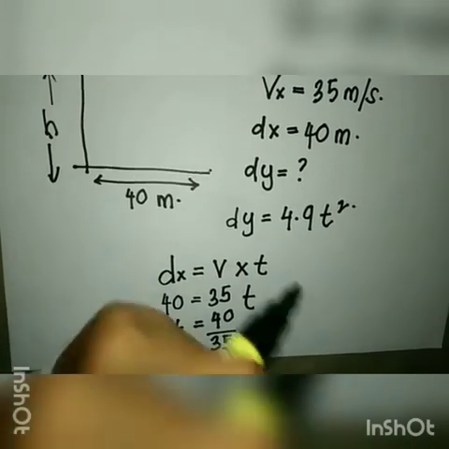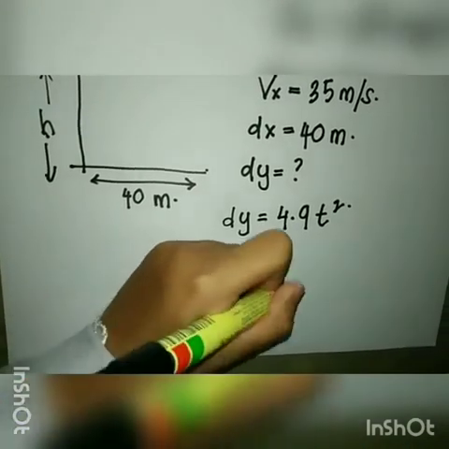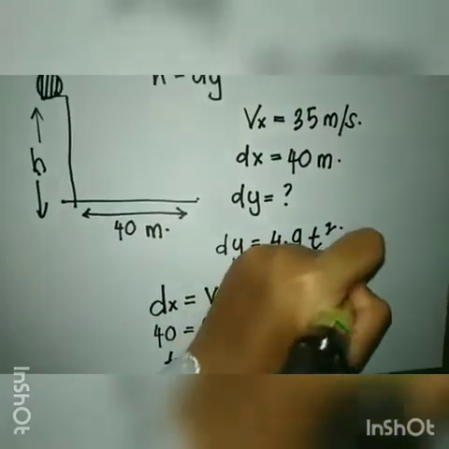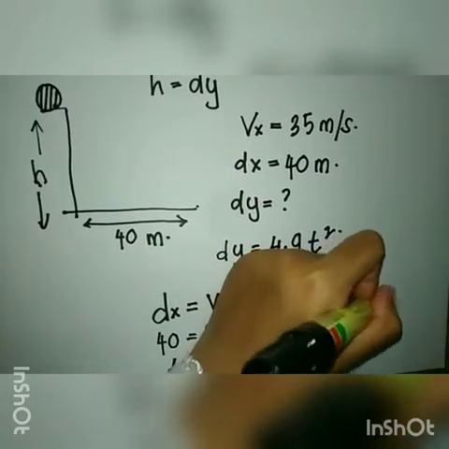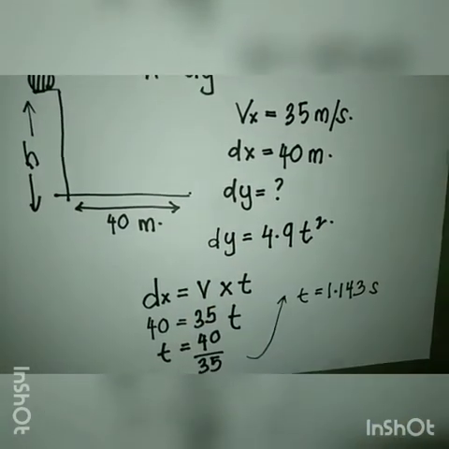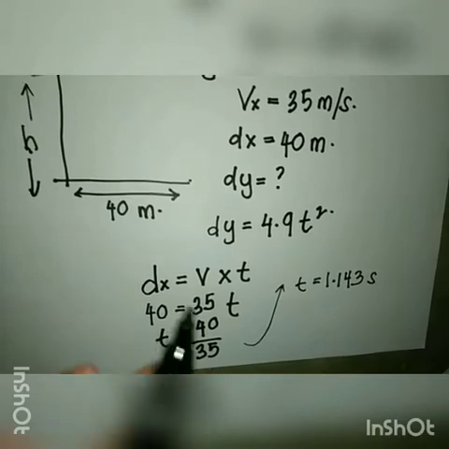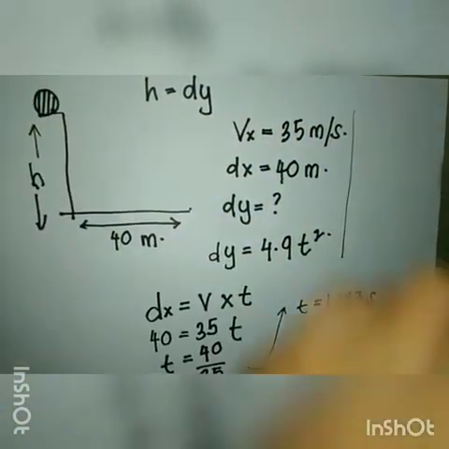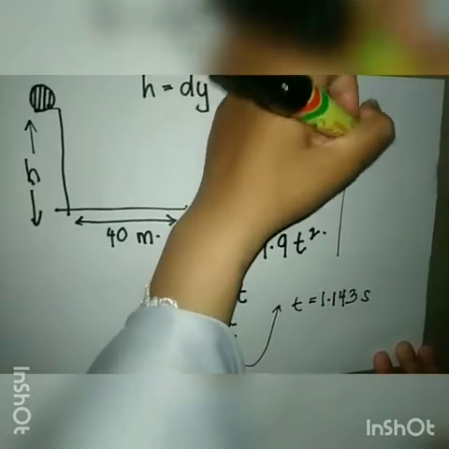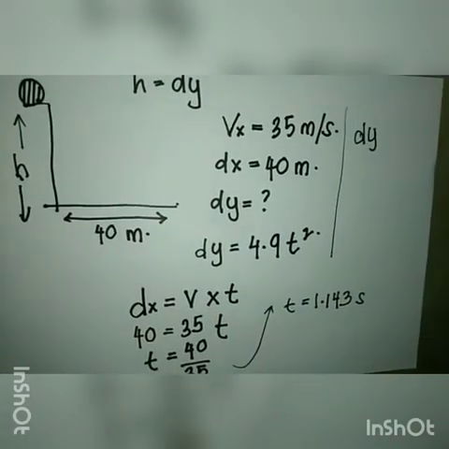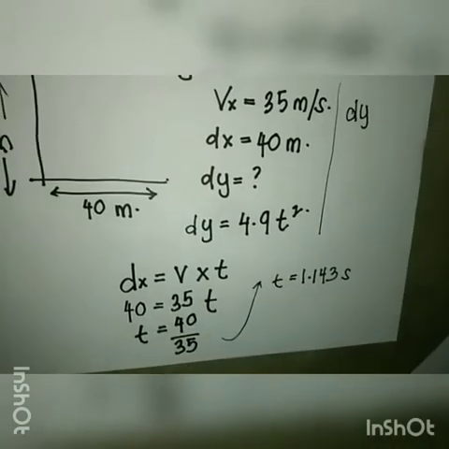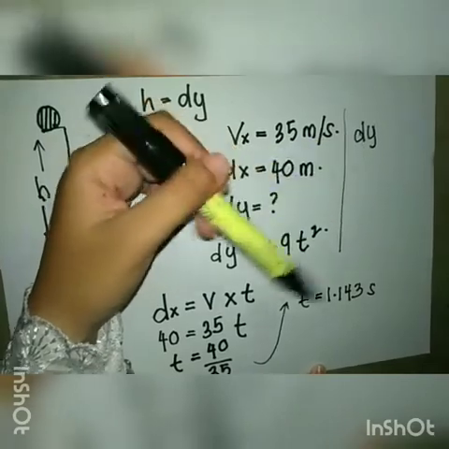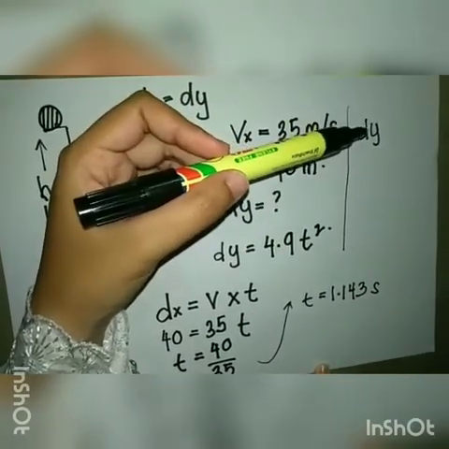After we calculate it, we get t equal to 1.143 seconds. So we have found t, and we can calculate dy.